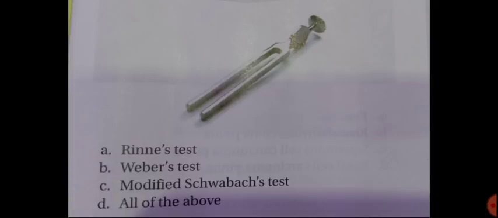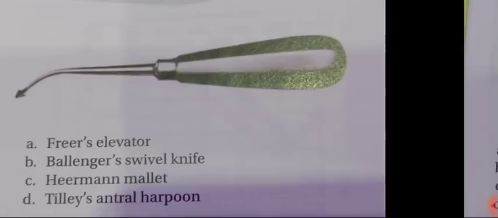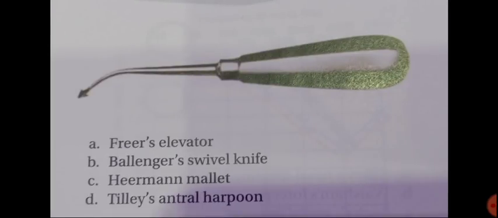So the interpretation can be normal, same as examiner, or reduced or lengthened. What is different between absolute bone conduction and Schwabach's is that in absolute bone conduction we close the external auditory canal by pressing the tragus, while in Schwabach's we don't close it. So this is the only difference. You can just Google it also for a better understanding.